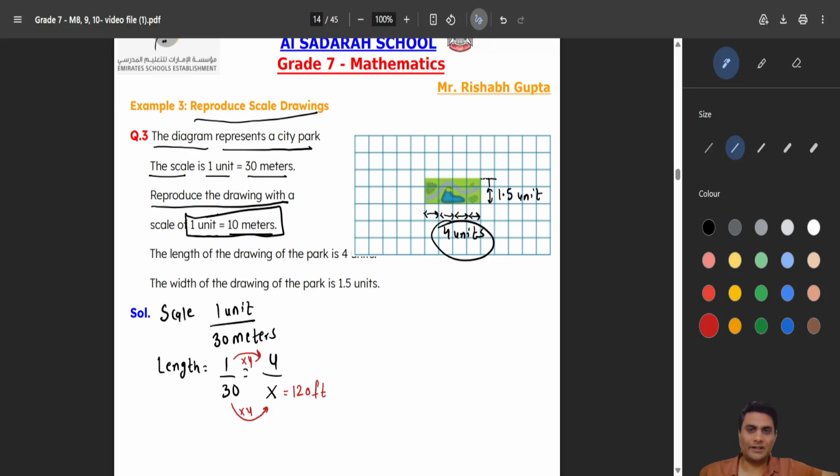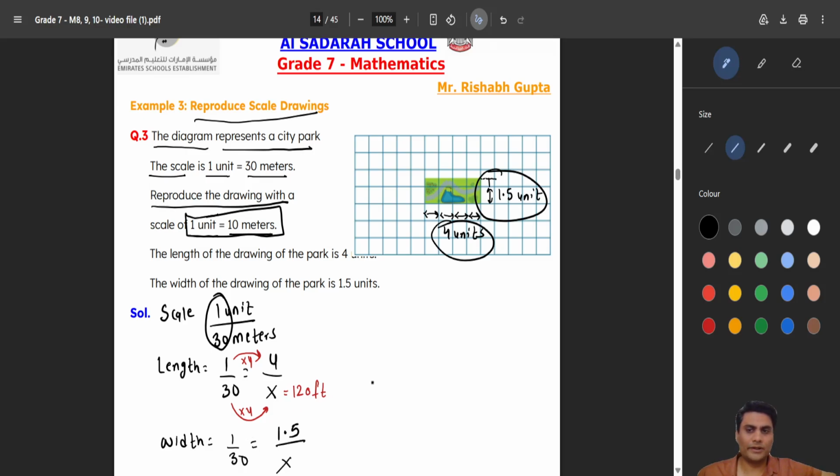Why am I finding the length and the width? You will understand. Now let us talk about the width. Again, what is the scale? 1 over 30. For the width, how many units? 1.5 units over x.